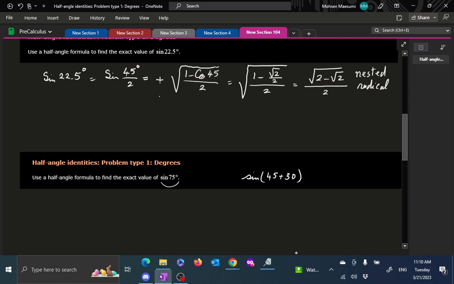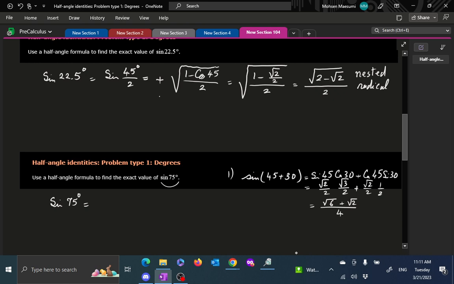well, how about the half angle formula? So it's a sine of 75. So this is solution number one. You can go like that. Just to remind you, sine of 45 cosine of 30 plus cosine of 45 sine of 30, and then this was radical 2 over 2, radical 3 over 2, radical 2 over 2, 1 over 2, radical 6 plus radical 2 over 4.